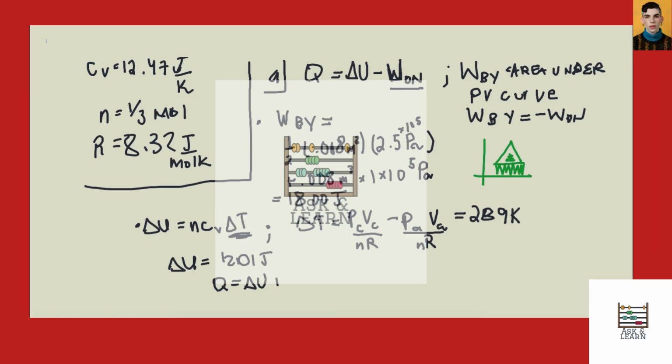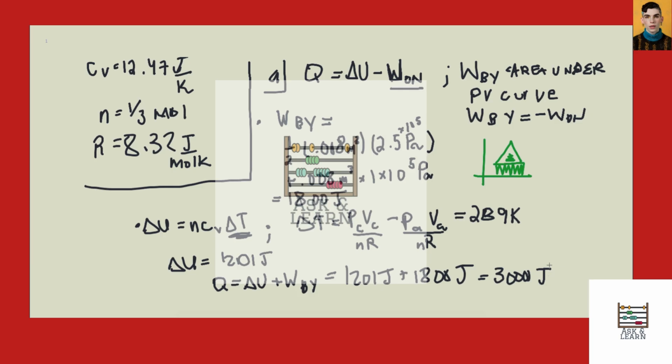I know I wrote it as minus, because that's the way I remember the formula, that delta U is the heat added plus the work done on the gas. But now I'm going to write it like this, delta U plus the work done by. So that's just our 1201 joules plus 1800. And you don't even need a calculator. That's 3001 joules.